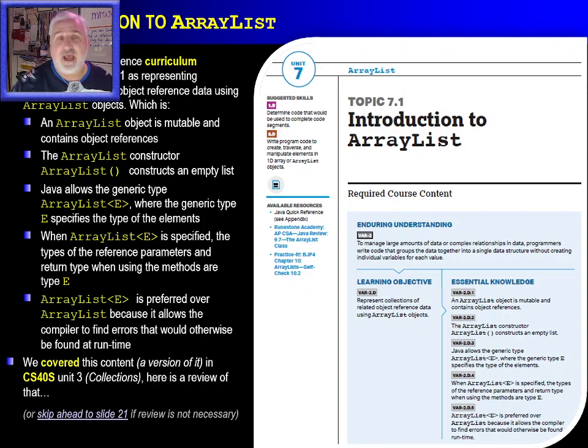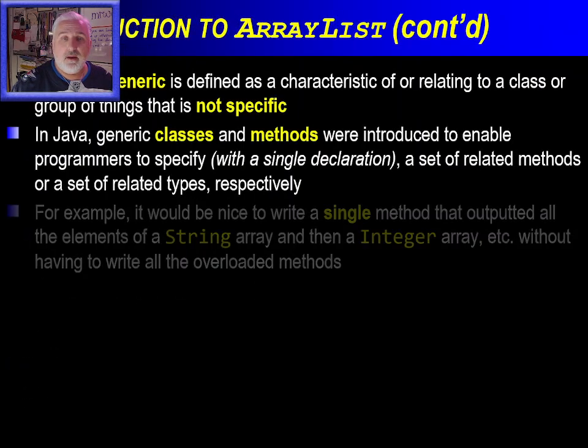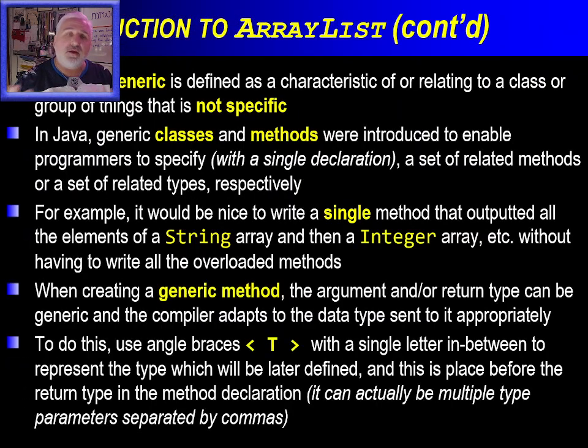So you're going to see some of that in this review, just to give you an idea how something like the ArrayList works. Though from the AP side, you are not expected to create your own ArrayList or your own linked list. You are just expected to use the ArrayList that is imported from the Java util library.